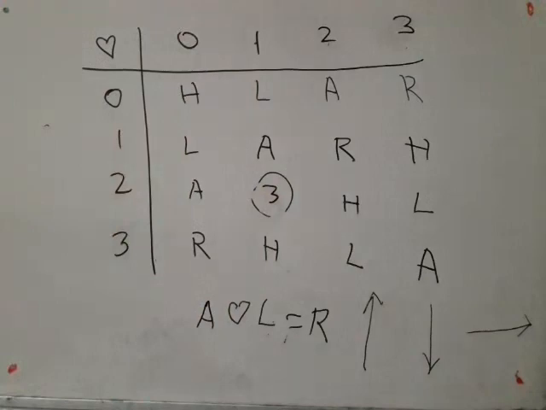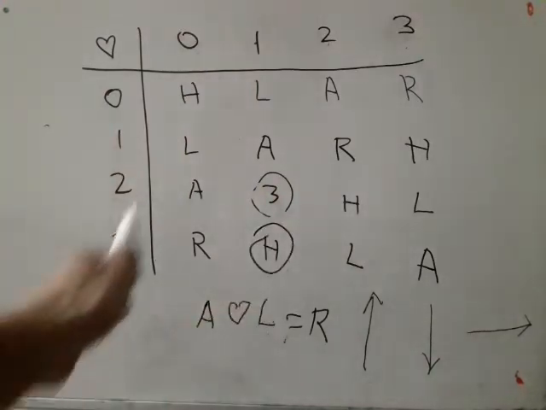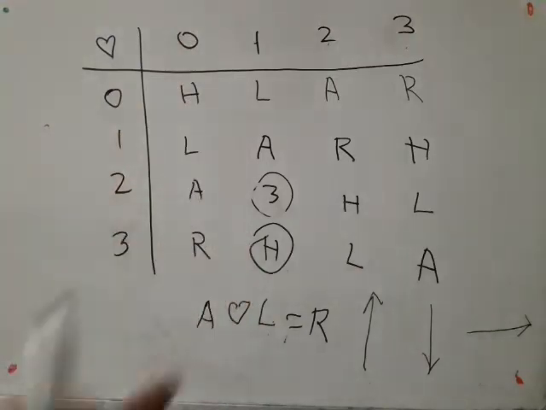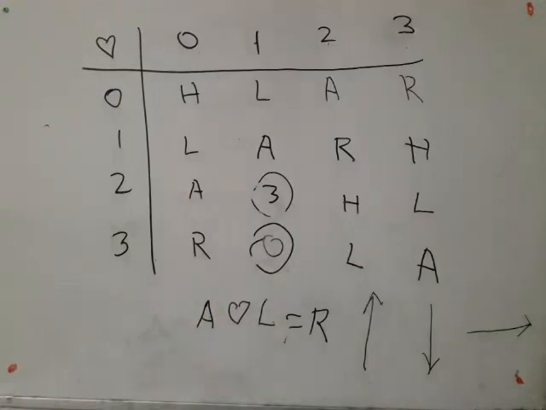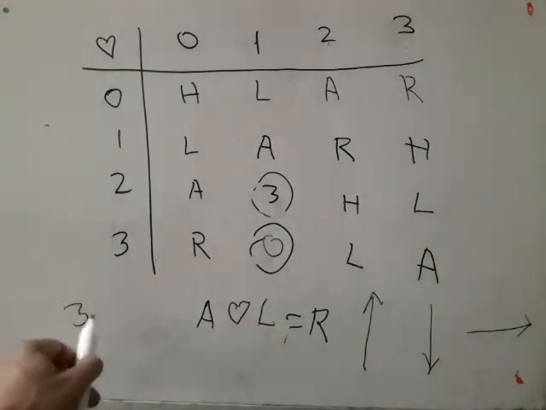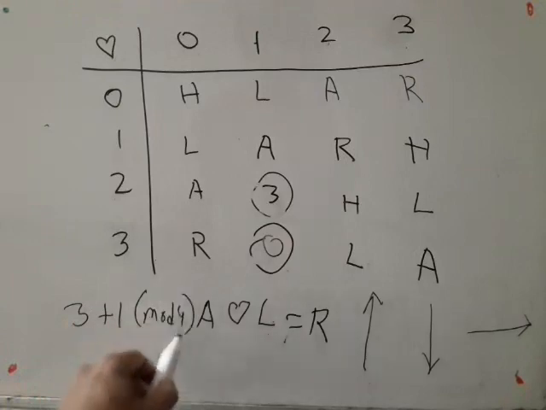Now let's take another example. Let's take this: 3 plus 1 is 4. That is, 3 plus 1 equals 0. So this operation is actually modulo 4. That is, you do 3, add 1, and do this addition modulo 4. That is, you divide by 4 and take the remainder.